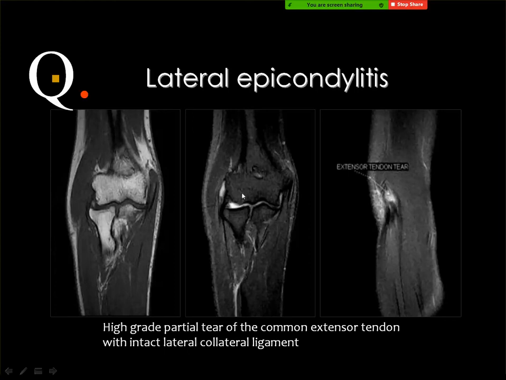The signal is either associated with a partial or complete tear, or even only a single abnormal signal in the tendon. These are also called lateral epicondylitis.